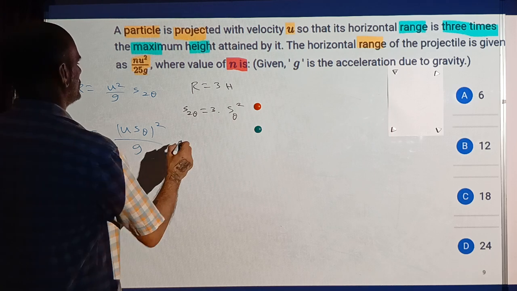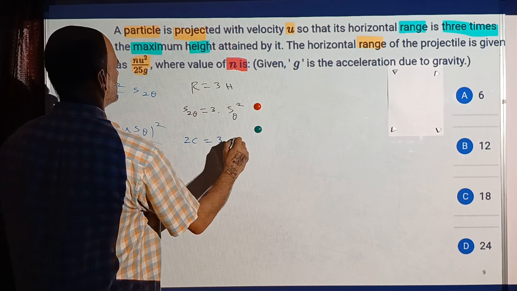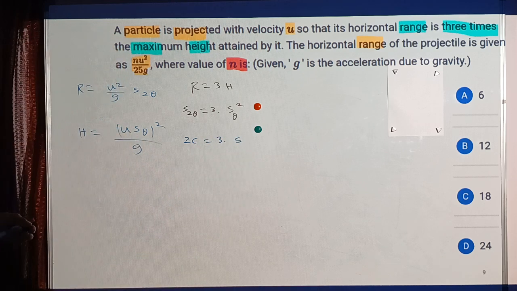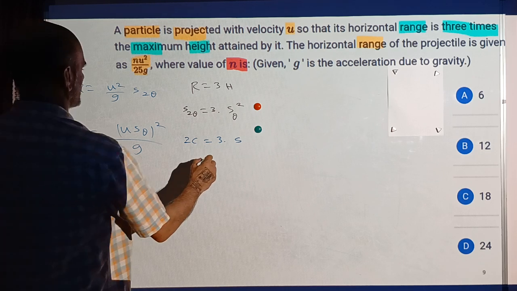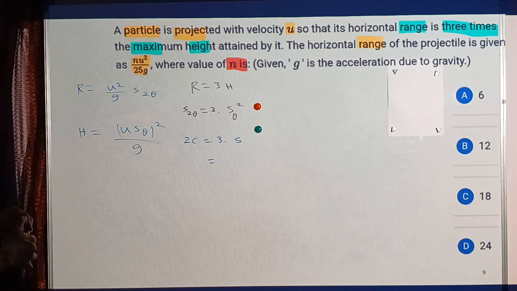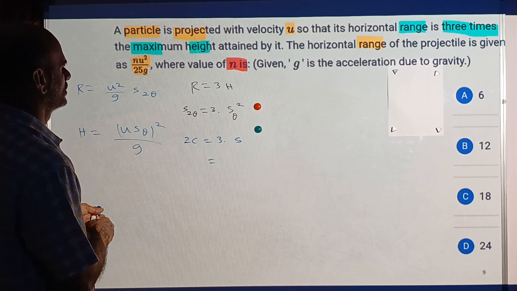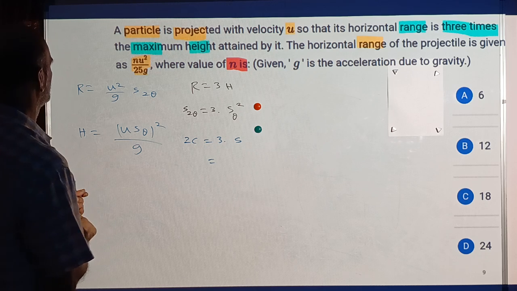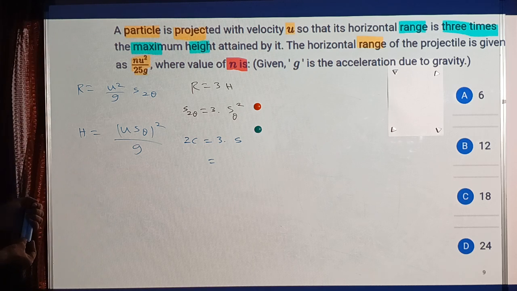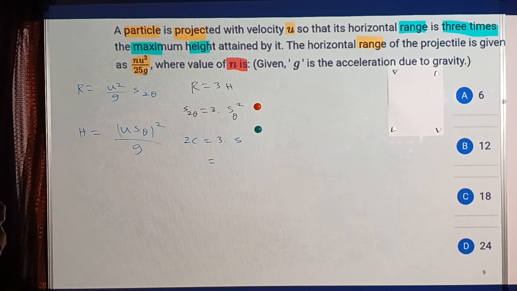So this is 2 cos theta equal to 3 times sine theta. So from this I'll get the range as u square by g.